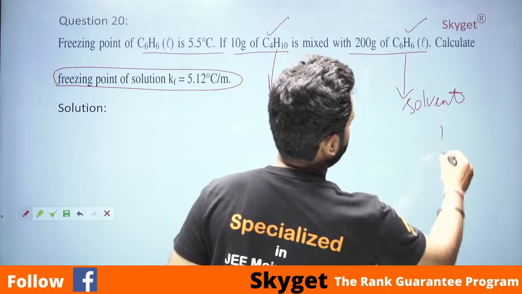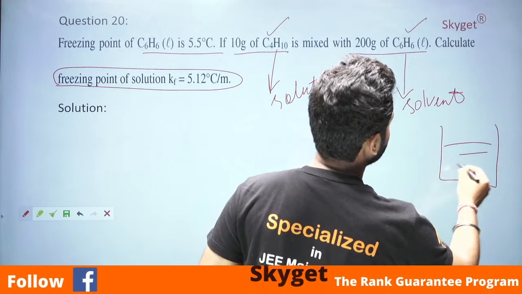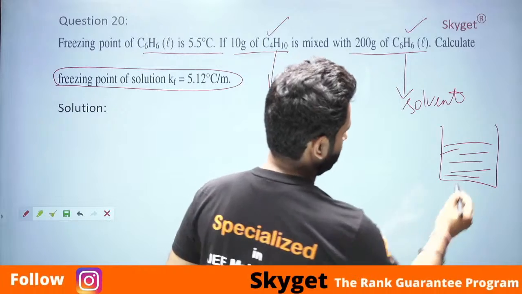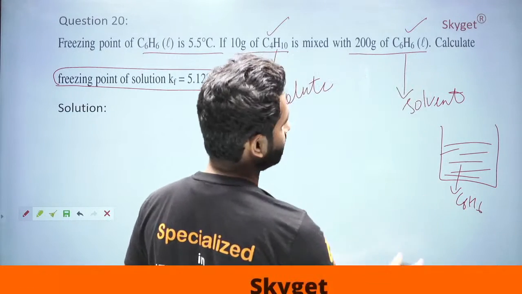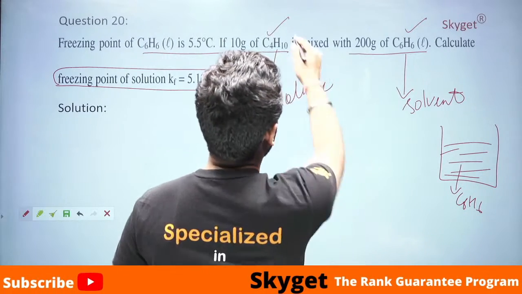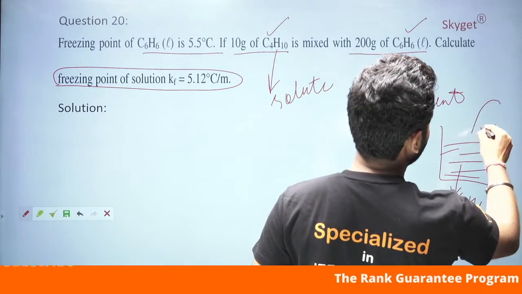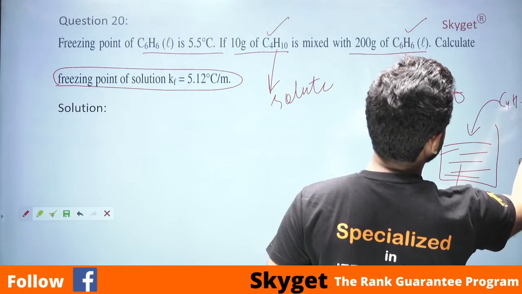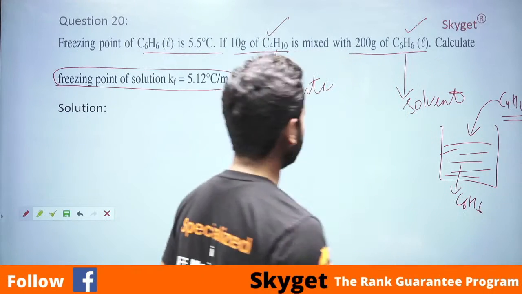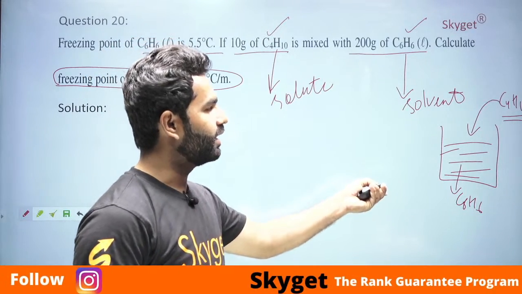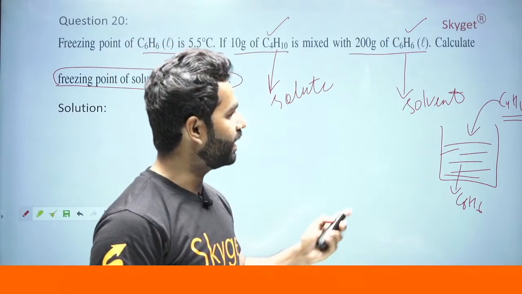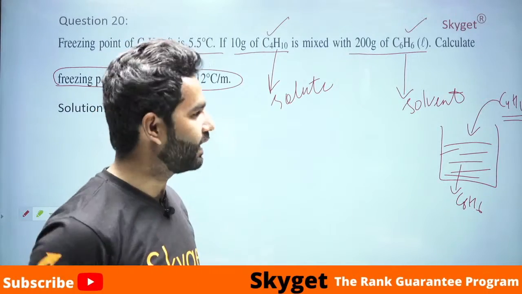Now we have benzene, C6H6. It's a completely organic compound. When we add C4H10, it is completely miscible in benzene and doesn't dissociate at all.